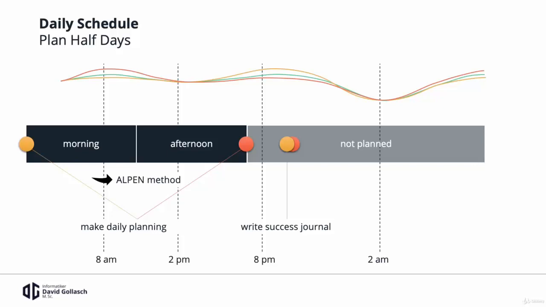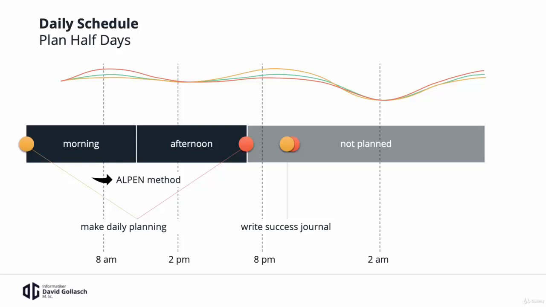So plan what is your goal for the morning and plan what is your goal for the afternoon. Separate these two. So fill in the afternoon, for example, with rather shallow work, and the task where you have to concentrate more, where the effort is higher to fulfill the task, do this in the morning.